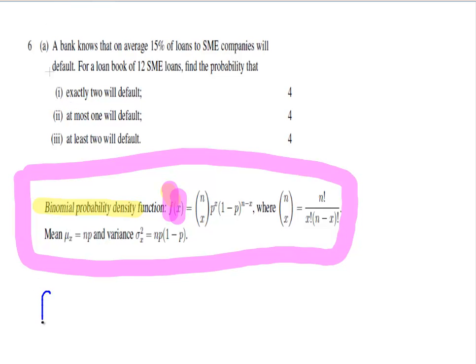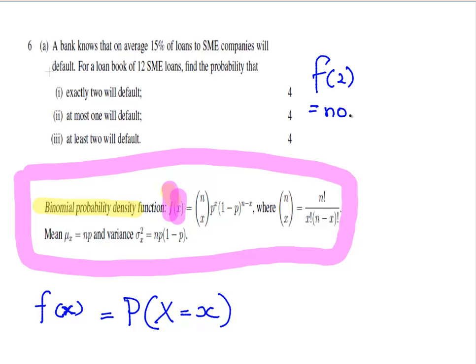X is a number. That means f of x is the probability that the number of defaults will be x. I'm going to use small x there. So for example, f of 2 means the number of defaults equals 2. Okay, x is the number of defaults.